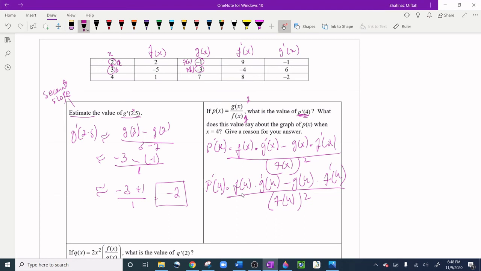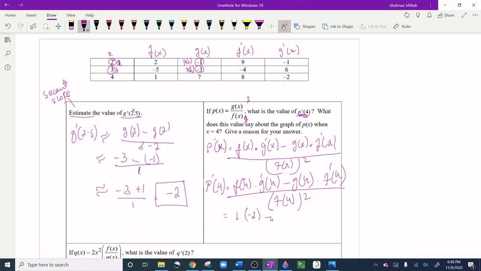What is f of 4? Which means I'm looking for an ordered pair. That's an x, and I'm looking for a y value. So 4 is right there. And what is f of 4? The f function is right there, and f of 4 is 1. So I got 1 there. g prime of 4 is -2.